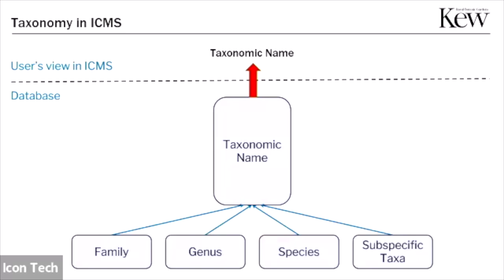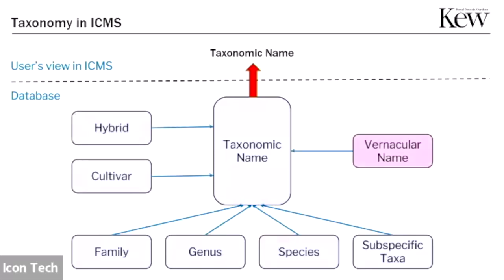So when the living collection came along, we had to introduce new aspects to the database to handle hybrids, cultivars, and vernacular names. We've built these in the same way as the other aspects already there, more modules pulled in to provide taxonomic name information to the end user.